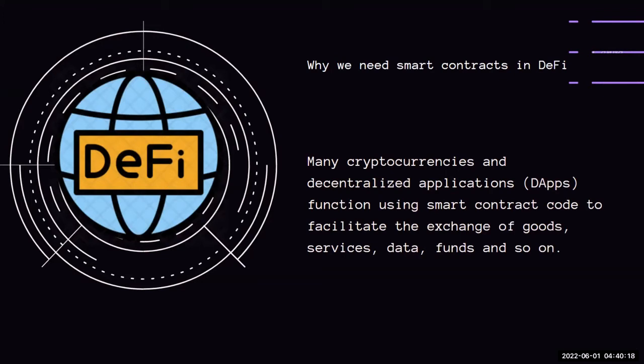For the bank or government, we are trusting them. But for decentralized applications, we need a trusted mechanism to do the financial functions, and the goods or services must meet the provisions of the agreement.